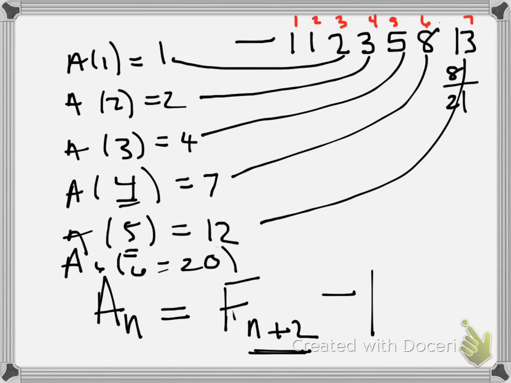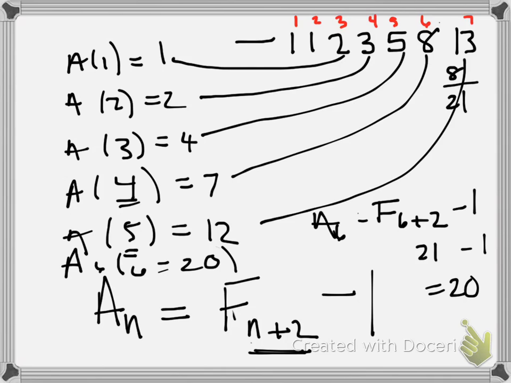So if I take 6 plus 2, so Fibonacci number 6 plus 2 minus 1, that is 21 minus 1 is 20, which is what we wanted, and that is the A sub 6 term of our sequence. Okay, so it's just a way to hold the data.